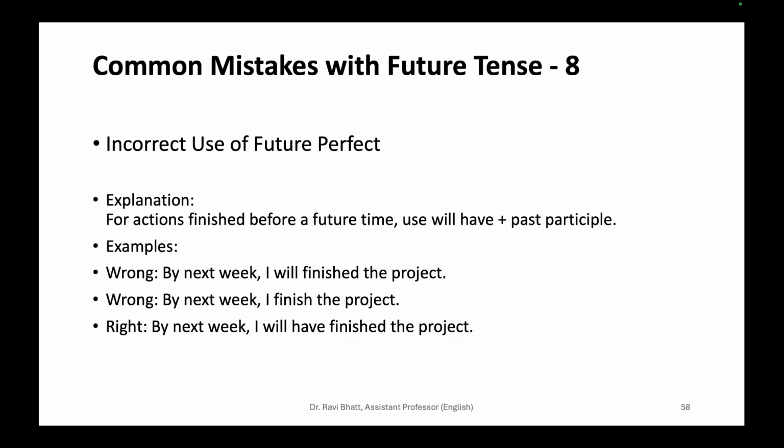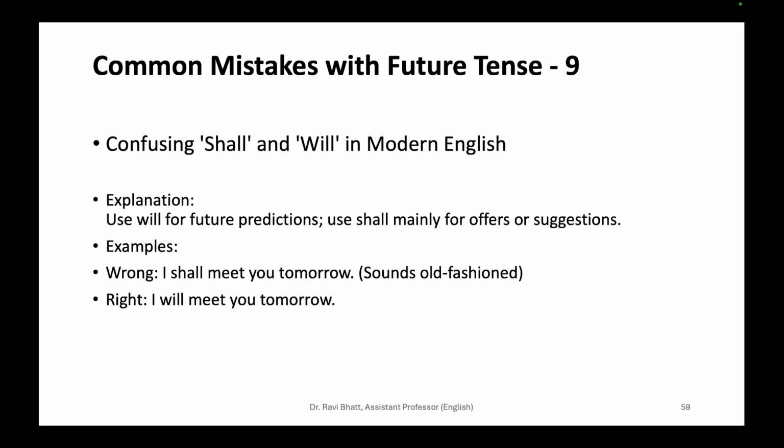The right would be "by next week, I will have finished the project." Will have finished. Okay. So that's the correct use of future perfect. All right. Let's go with the next one.